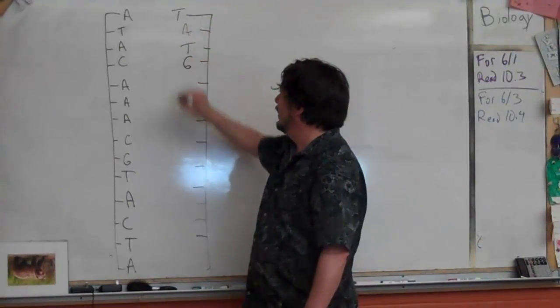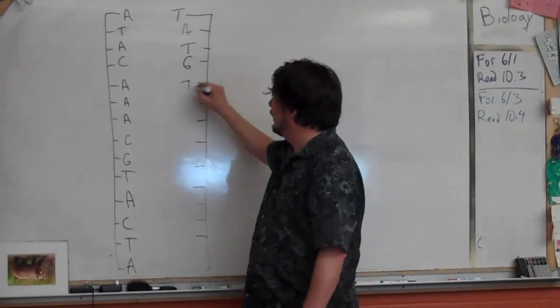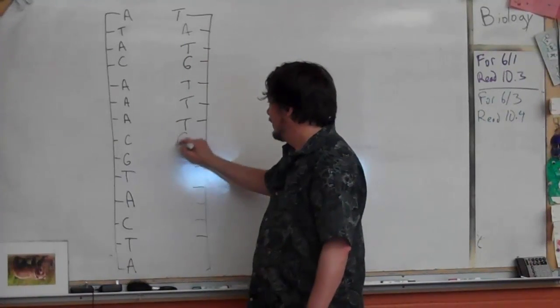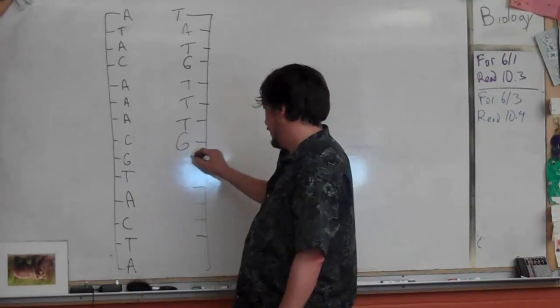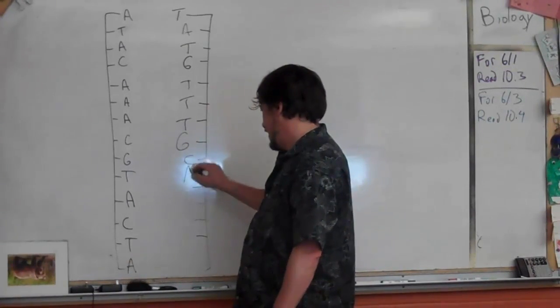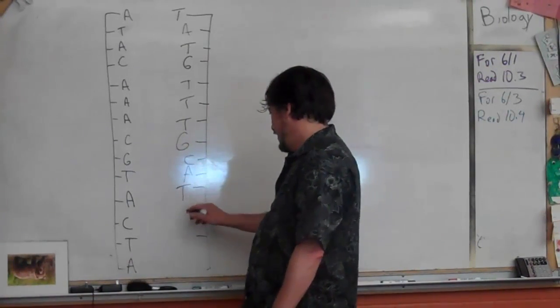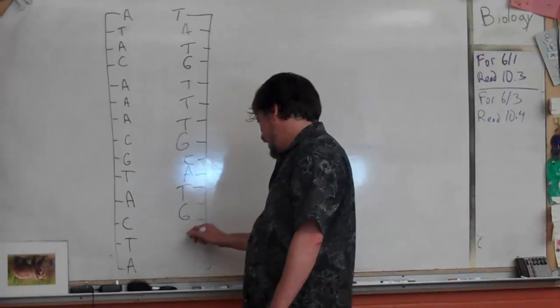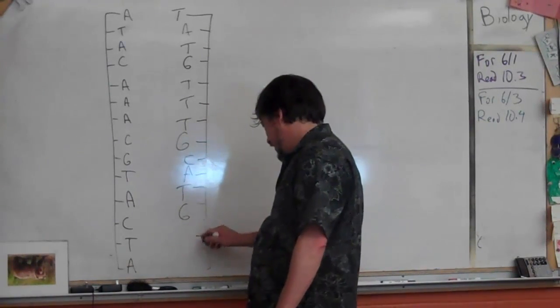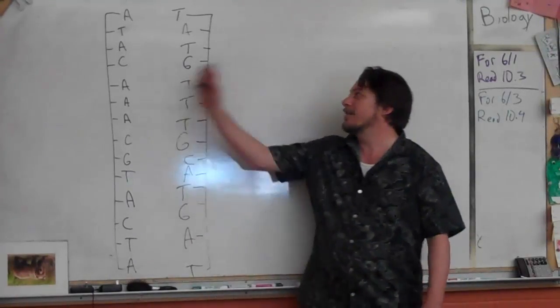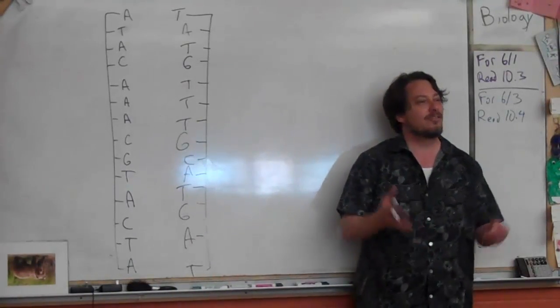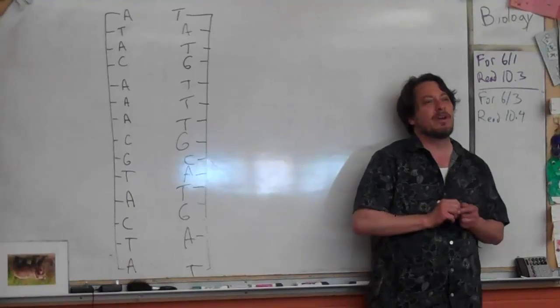G. And then T, T, T, G, C. What do I do here? C, C, A, T, C, A, T, G, G, A. I kind of screwed up, okay, A, T, and T. Right, so that's a complementary pair of strands.